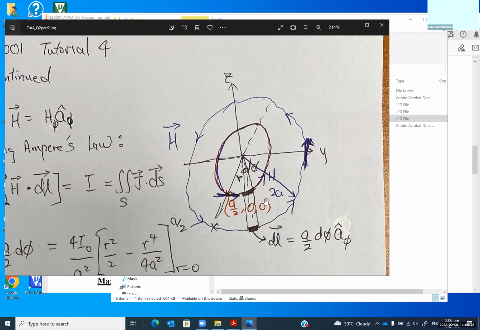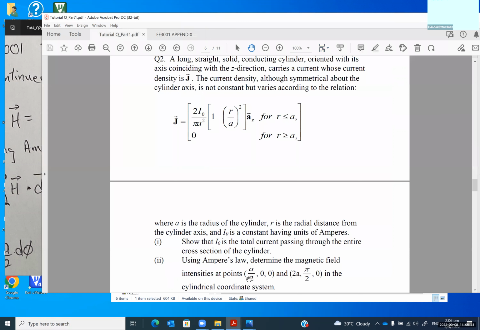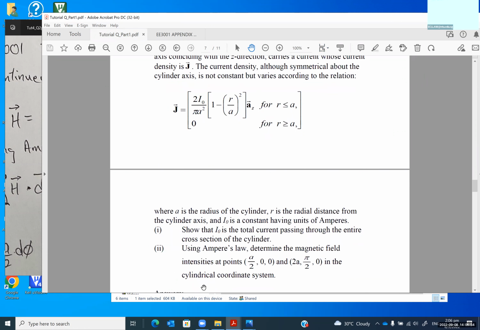You have to ask yourself, where do you want to evaluate your field point? This, what is this, a over 2? Is it the x value or the r value? R value. It's given in cylindrical coordinates.